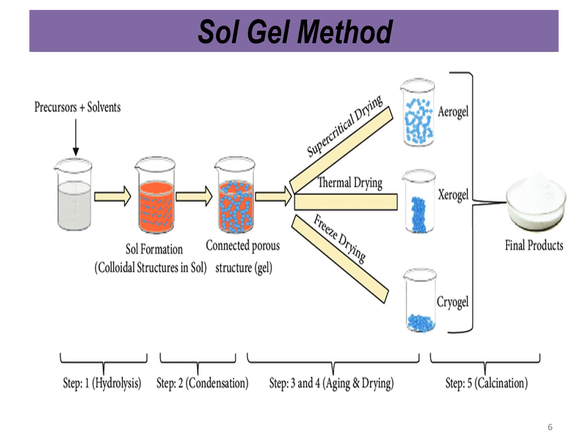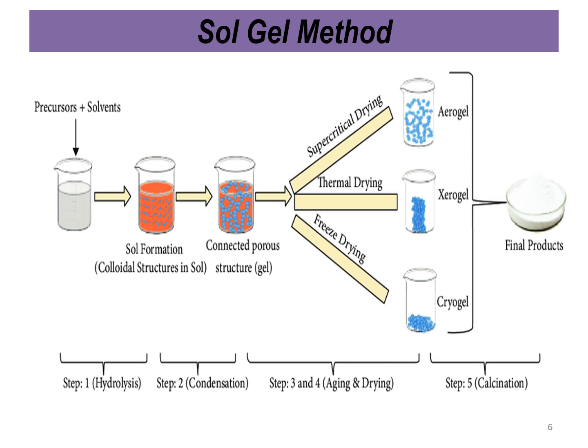Then if stirring continues, a gel is formed that shows the connected porous structure, and then this gel is further processed, and if we apply supercritical drying, we obtain aerogel.